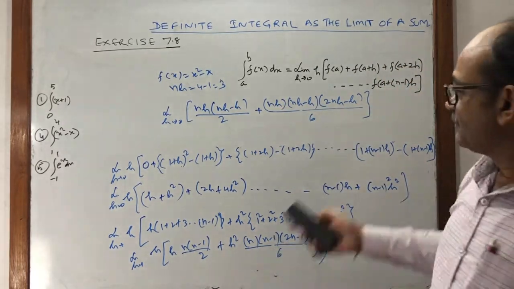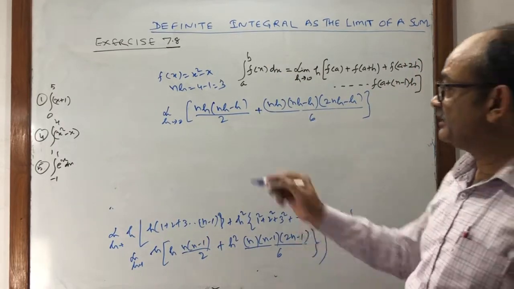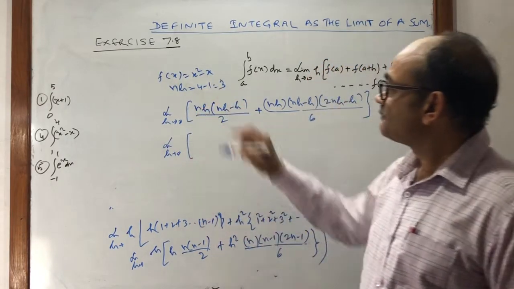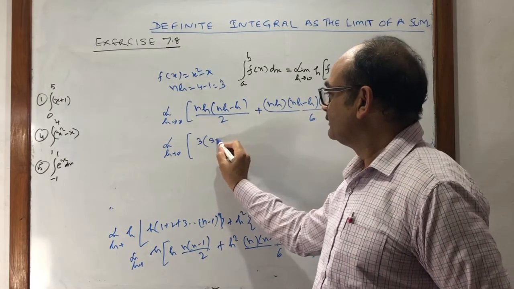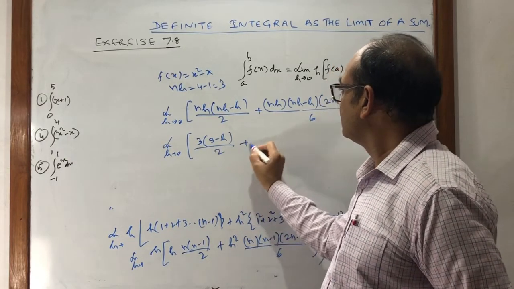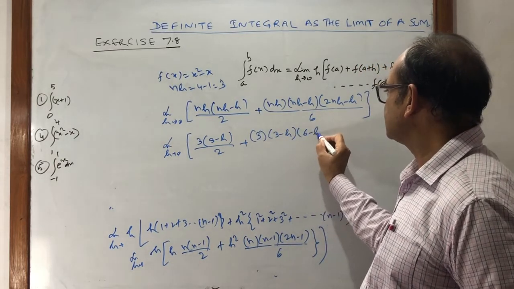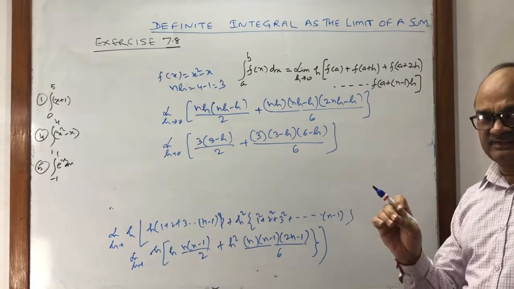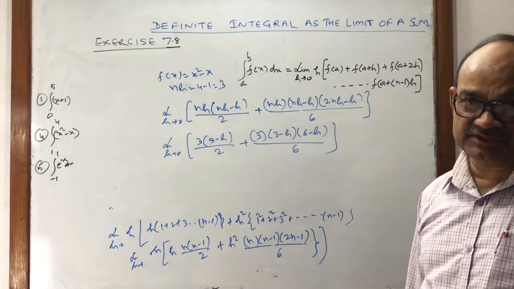Now what is given? Initial point: nh equals 3, minus h, 6 minus h divided by 6. Everywhere nh is substituted as the value 3, b minus a, upper value minus lower value.